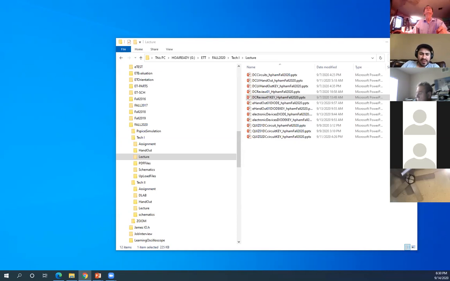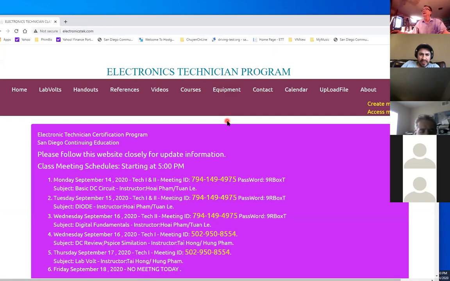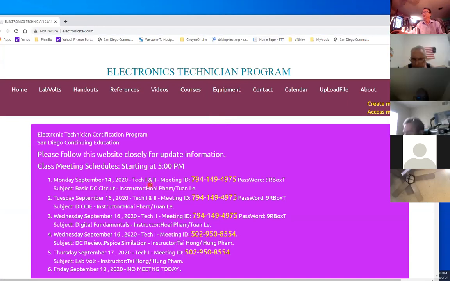There are two different links for Tech 1 and Tech 2, Monday through Thursday. One quick question: are there two separate sessions for the same thing? If you're looking at the schedule here, it says Tech 1 and Tech 2, go to this Zoom.